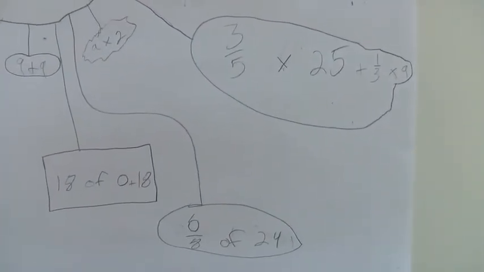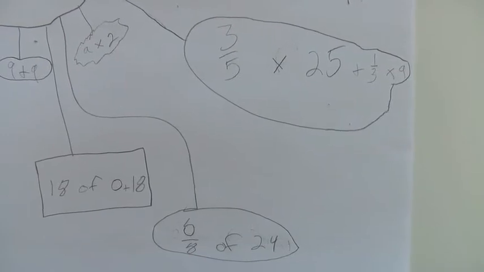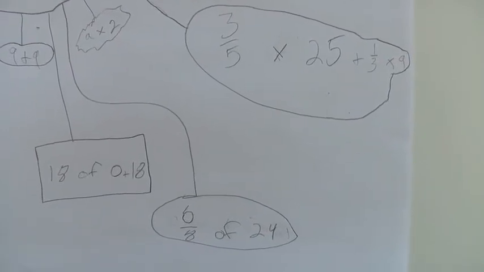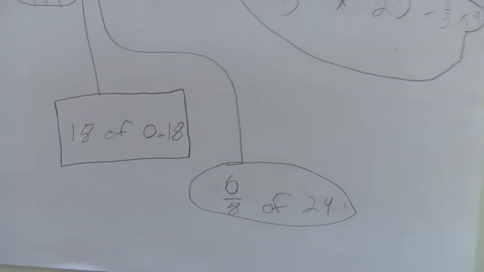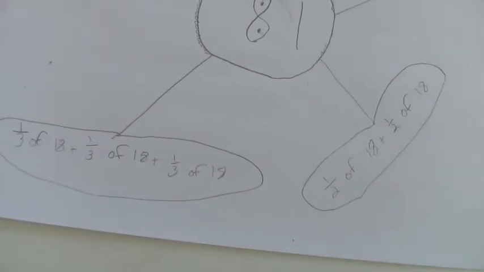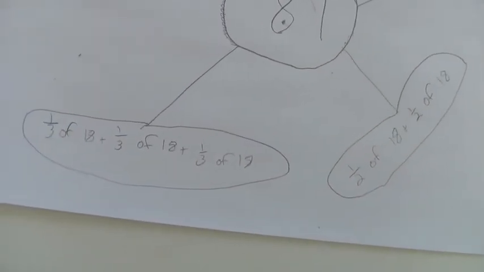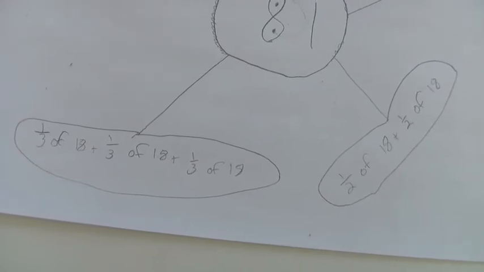So she came up with a few different ones, and I need to have her write the times sign instead of. Oops, these ended up upside down. She came up with some good ones.